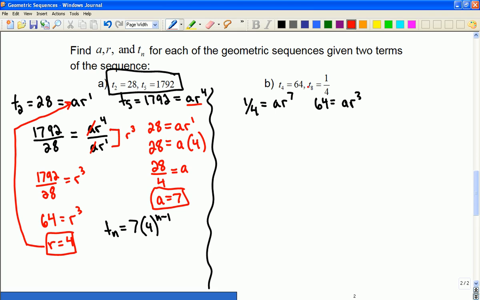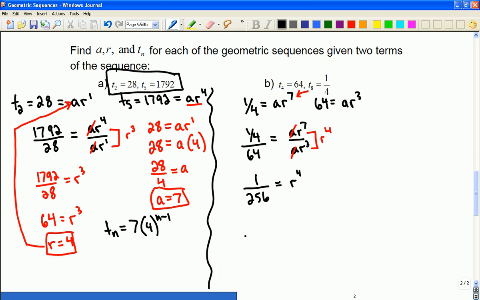So I'm going to put my highest exponent on top so that when I use my equation, the R can stay on the top of the fractions. So that'll give me 1/4 over 64 is AR to the 7 over AR cubed. So A is gone, and this leaves me with R to the 4. So 1 over 256 equals R to the 4.